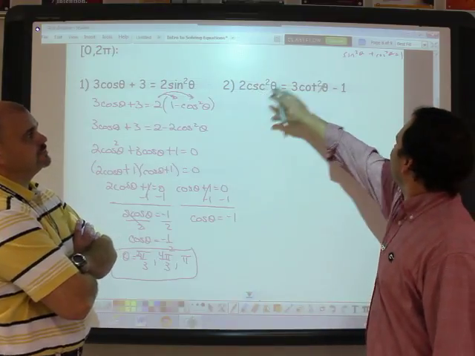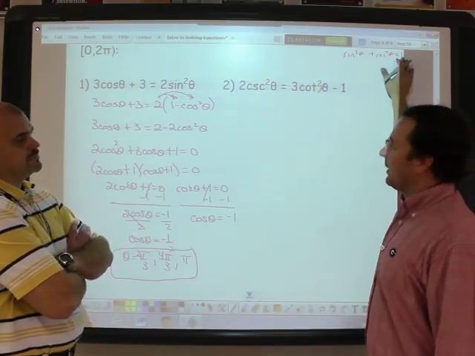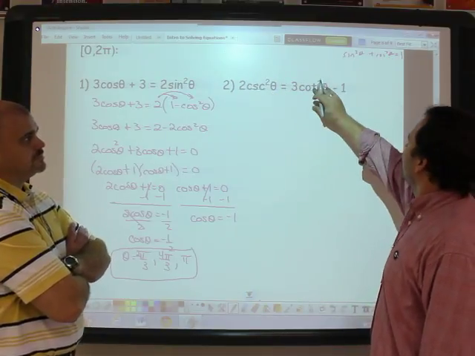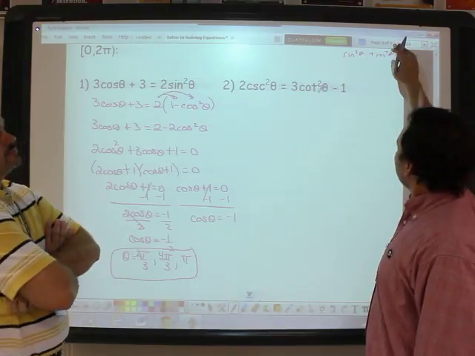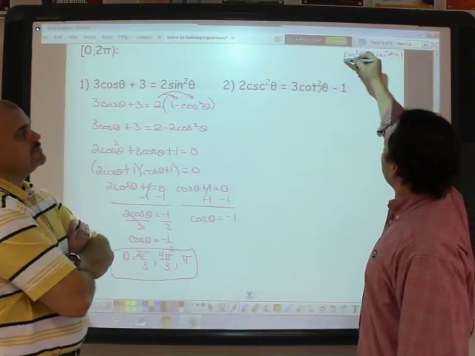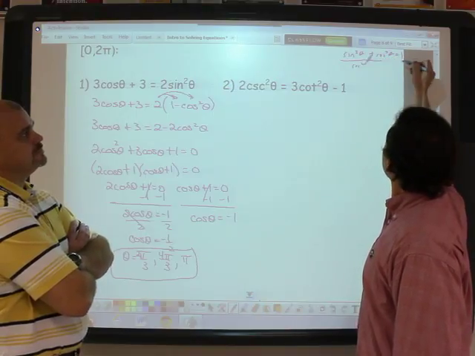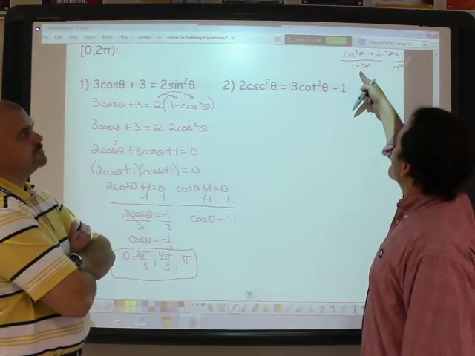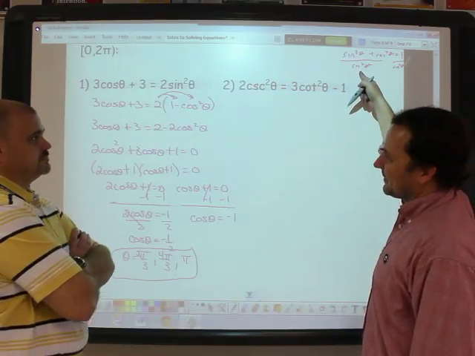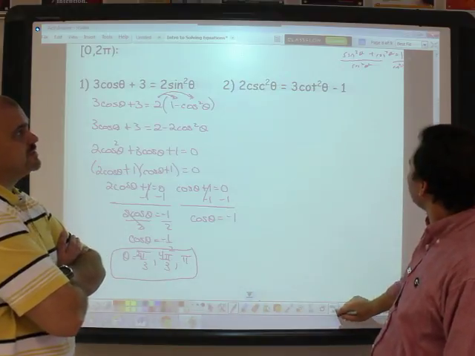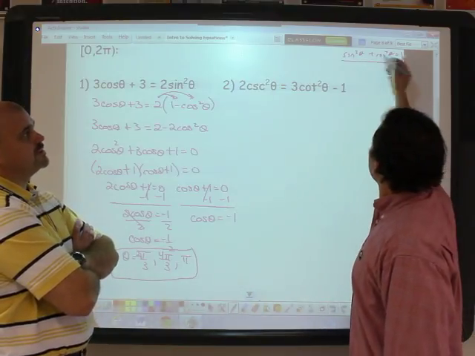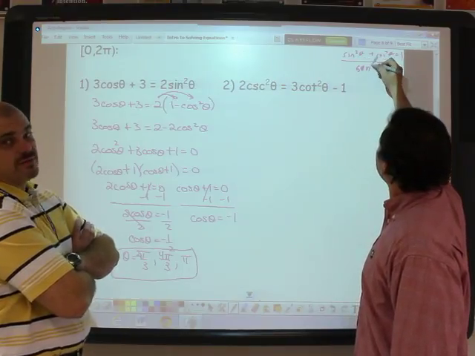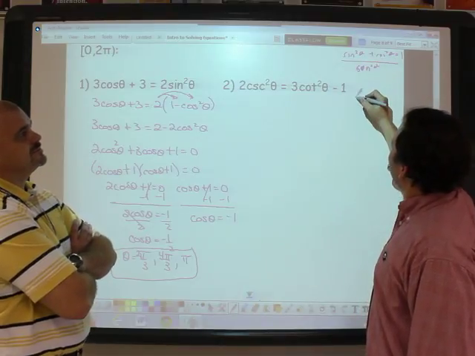So to get a cosecant, I need to divide everything through by sine squared. I'm sorry, I'm converting cotangent to cosecant. So I'm going to divide everything by sine squared. Sine squared divided by sine squared is 1.